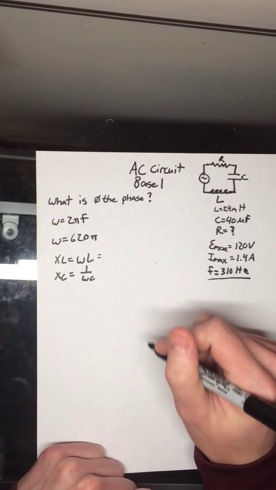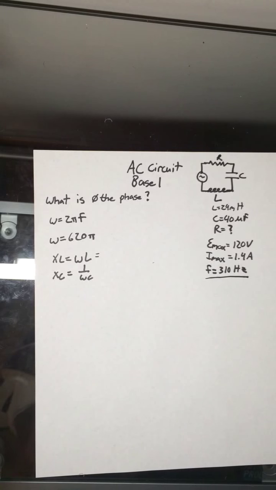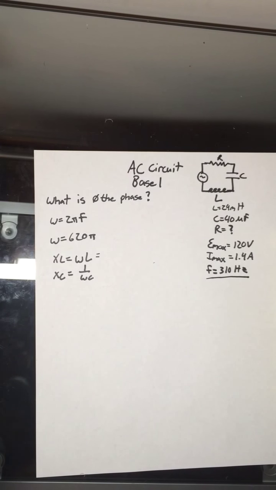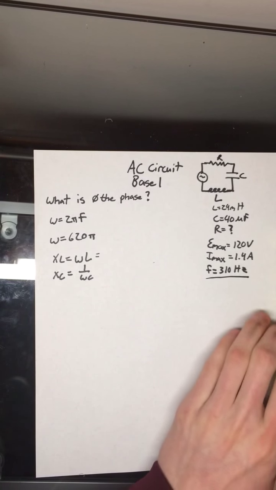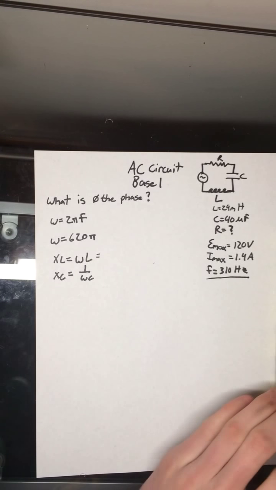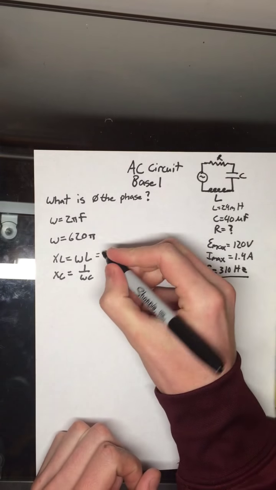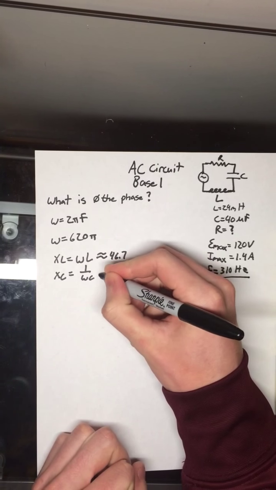So if I get my handy dandy calculator out here, so we are looking at 620 pi times 24 times 10 to the negative third, which equals about roughly 46.7.